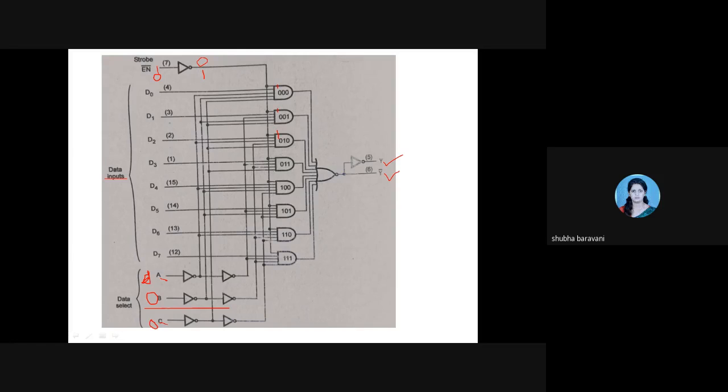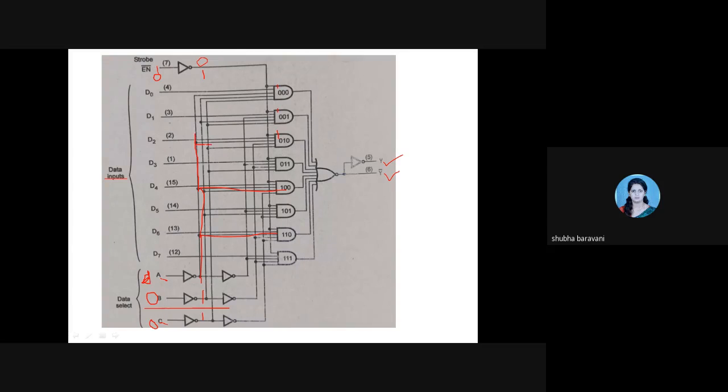So in this case what happens? Let us see, 0 means here I am having 1, here I am having 1 and here I am having 1. From all these three 1s, see, where is this 1 going? It's going to this.